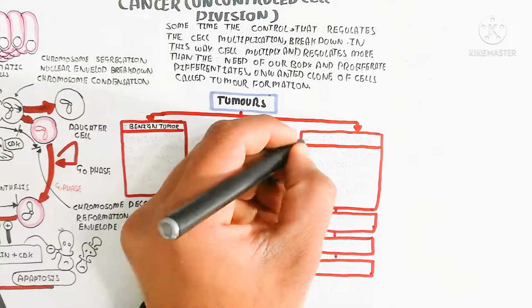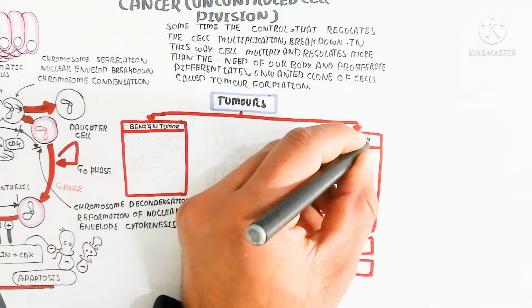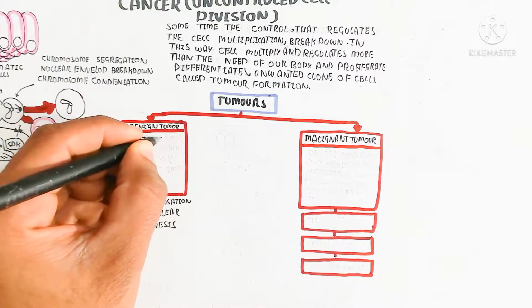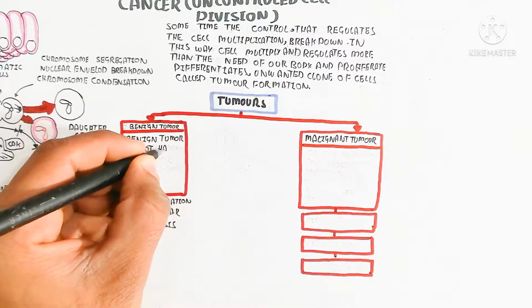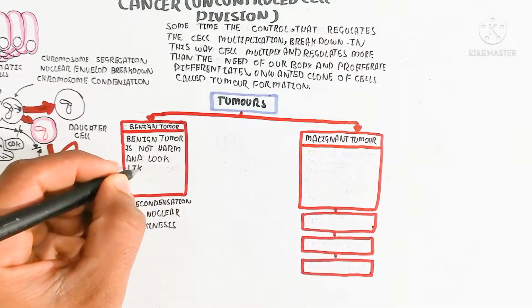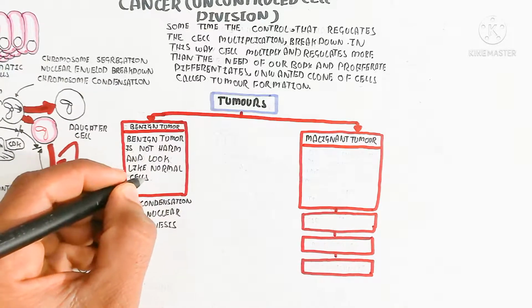So here, tumors will be of two types, and uncontrolled cell division via mitosis is known as tumor formation, which can be a benign tumor as well as a malignant tumor.